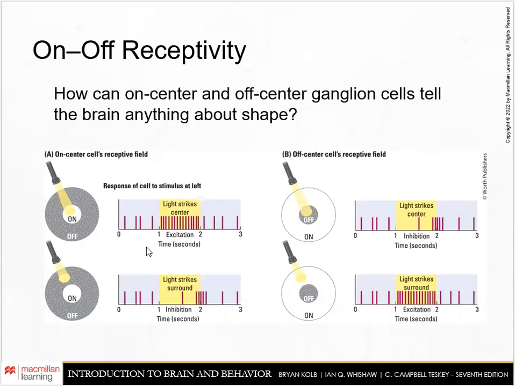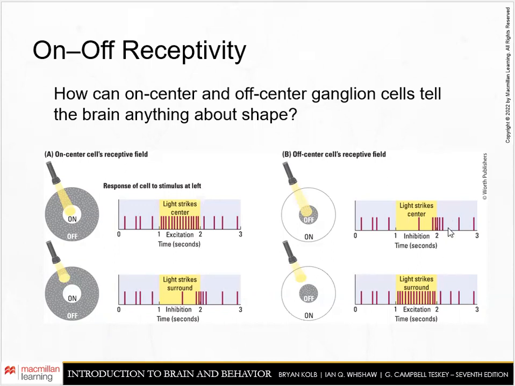But a light in the periphery or the surround inhibits it. When the light is turned off, the firing rate increases briefly in an offset response. A light shining in both the center and the periphery would produce a weak increase in firing.